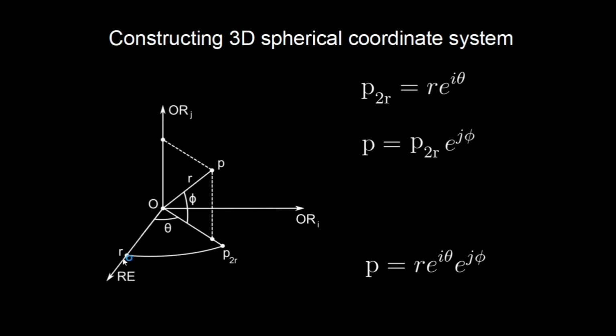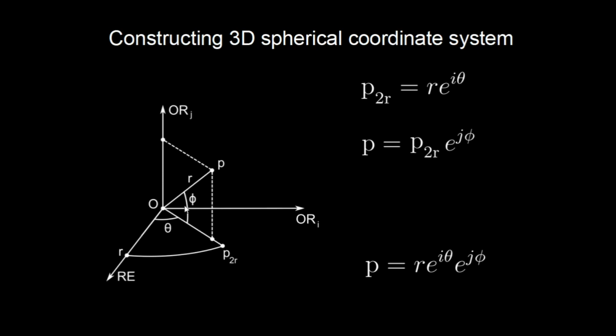R is a real number in the RE axis. I-associated rotation factor e to the power I theta can be used to rotate the number r and make it rotate to P sub 2r. That is, we have this result: P sub 2r equals r e to the power I theta.